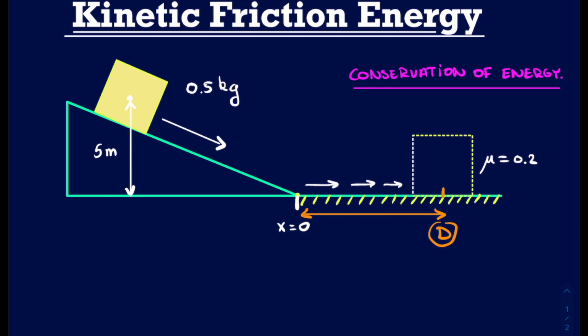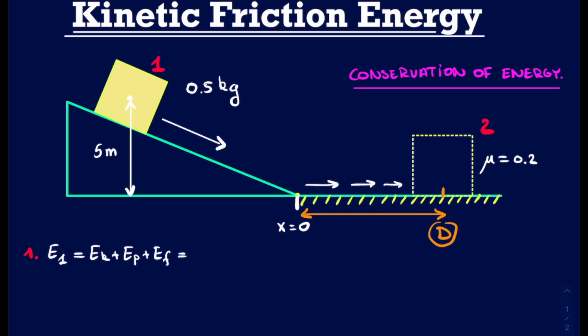Therefore, we want to calculate the total energy of the object for these two scenarios. First, atop this inclined plane, and secondly, when it comes to rest at this distance d. So let's first look at the first scenario. The total energy of this scenario is equal to the kinetic energy plus the potential energy plus the frictional energy.